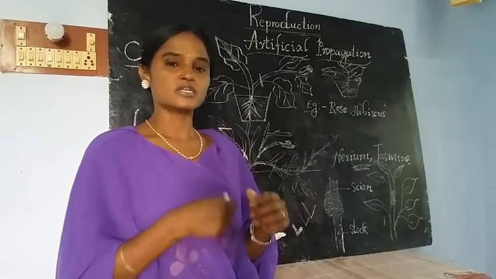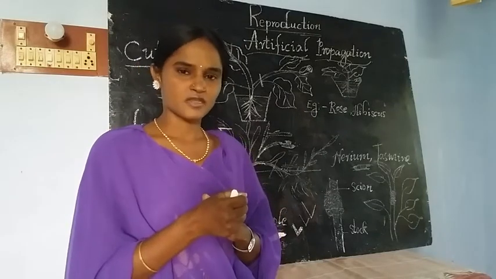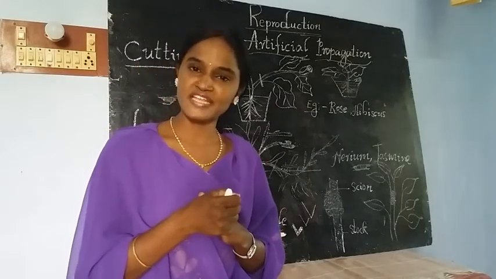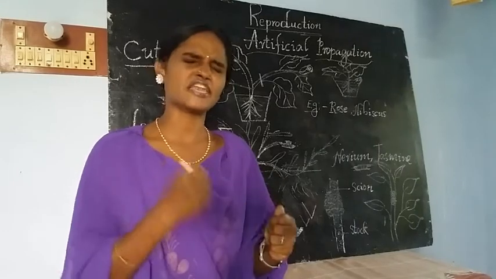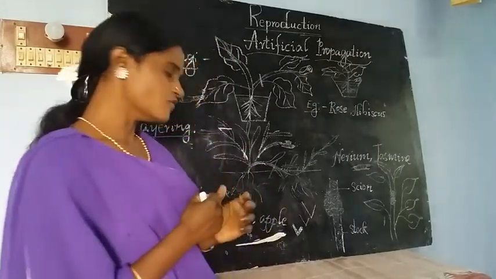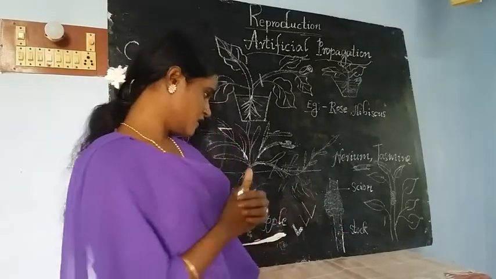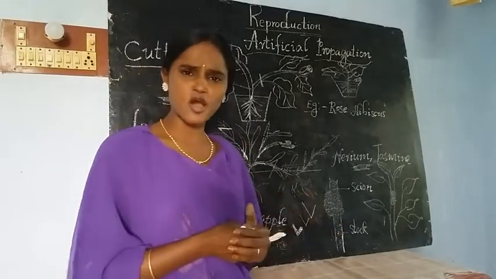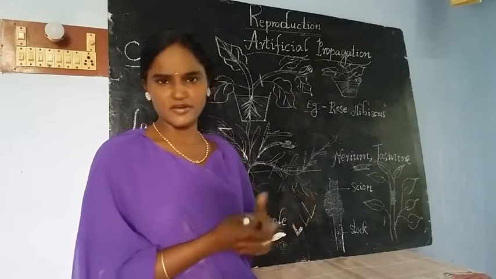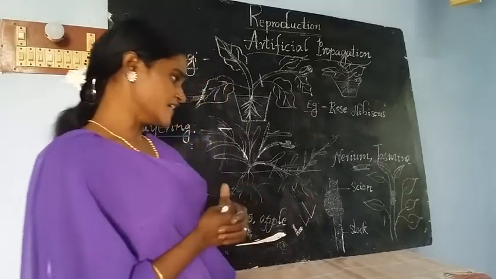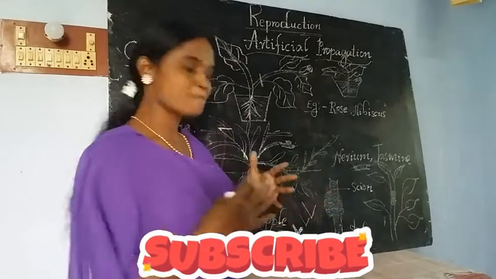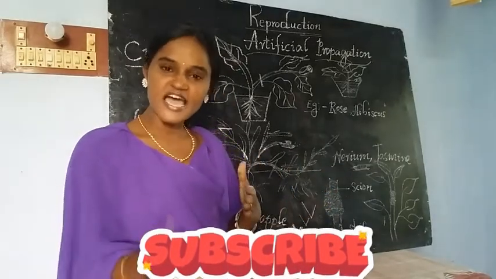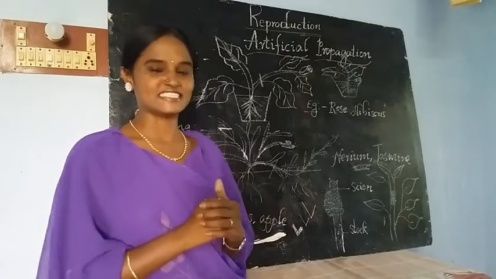There we need to tie very tightly and we should not give any entrance to the air. Like that we tie the thread very tightly and leave it for many days. And we supply the water and manure in the regular way. After a few days, the two plants combine together and start growing like a single plant.